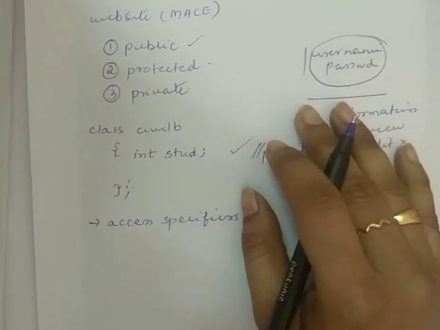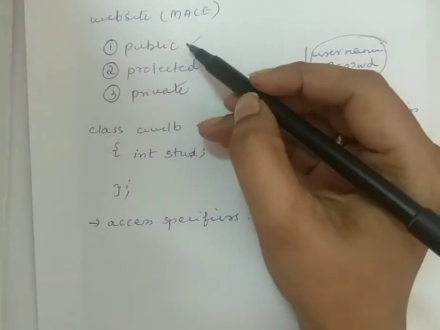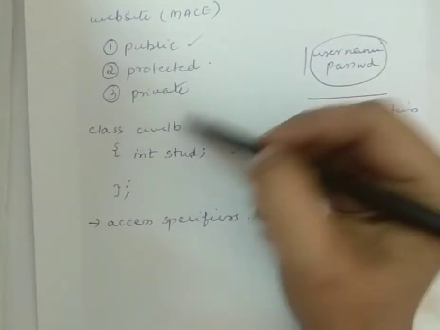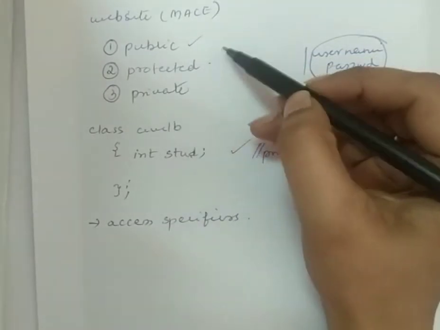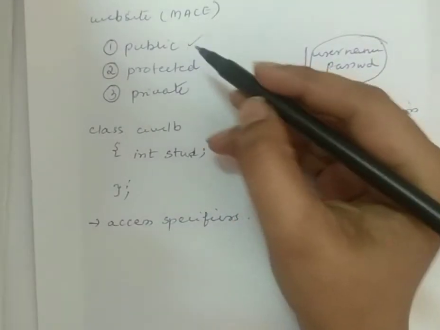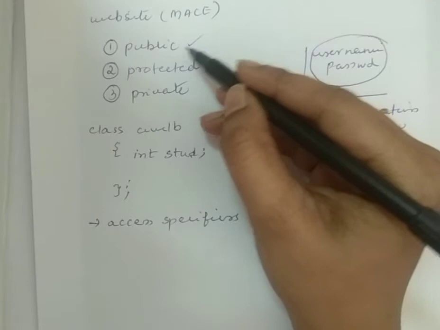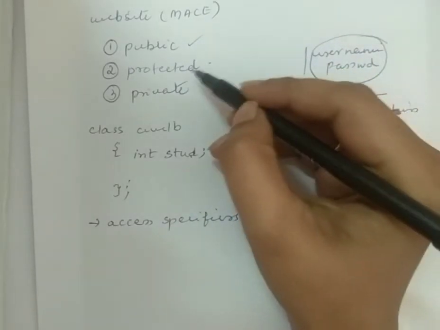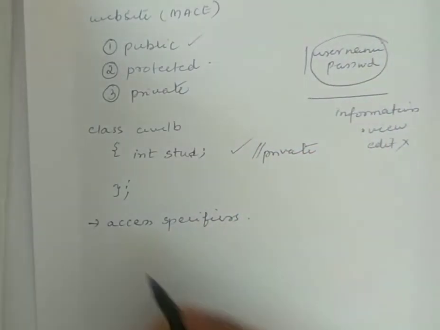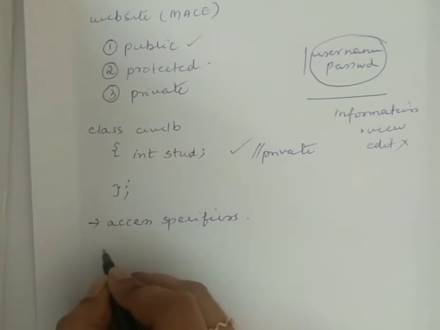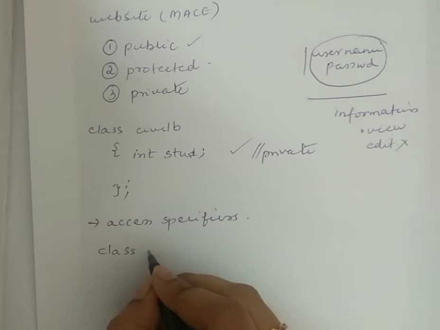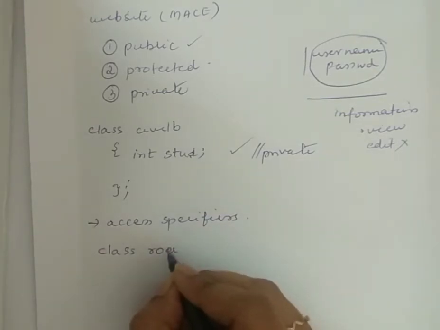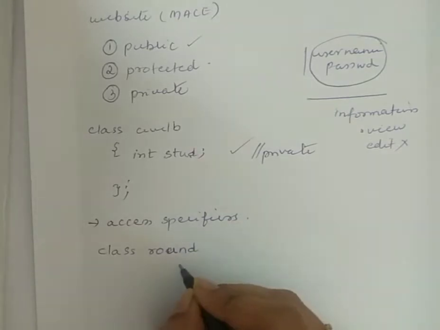Previously I have explained that we need three types of data, isn't it? That is public, protected, and private. So I can make the data private, protected, and public by writing like this. The syntax is class. Again, I am taking the class round. The class name is round.